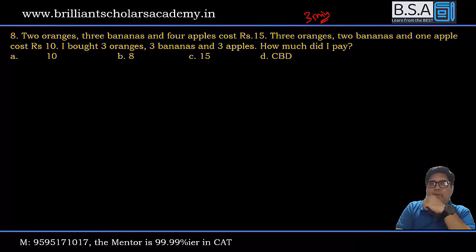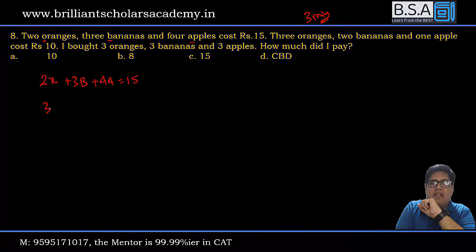See, for bananas, I can assume the price is B. Apples, I can assume the price is A. But for oranges, O looks like a 0, so I'm saying oranges have a price X. We have 2 oranges, 3 bananas, 4 apples. The complete cost is 15.